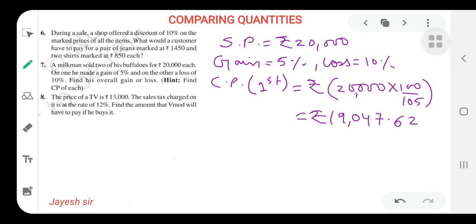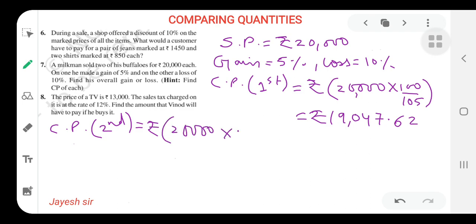Now we'll find the cost price of the second buffalo. This is CP of the second buffalo. On the second buffalo what have we done, friends? We have incurred a loss.